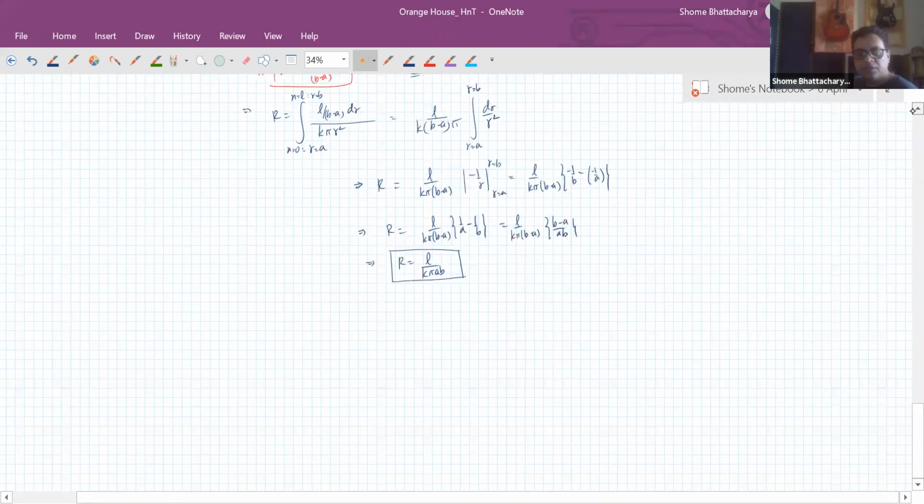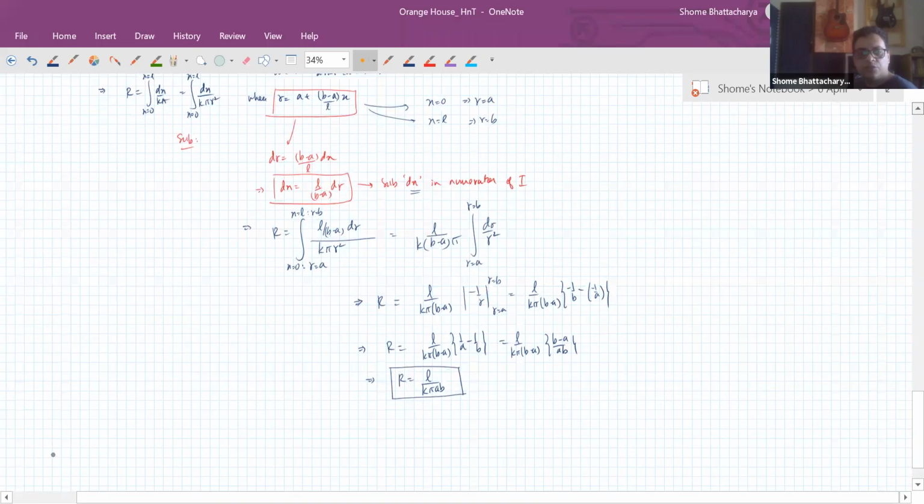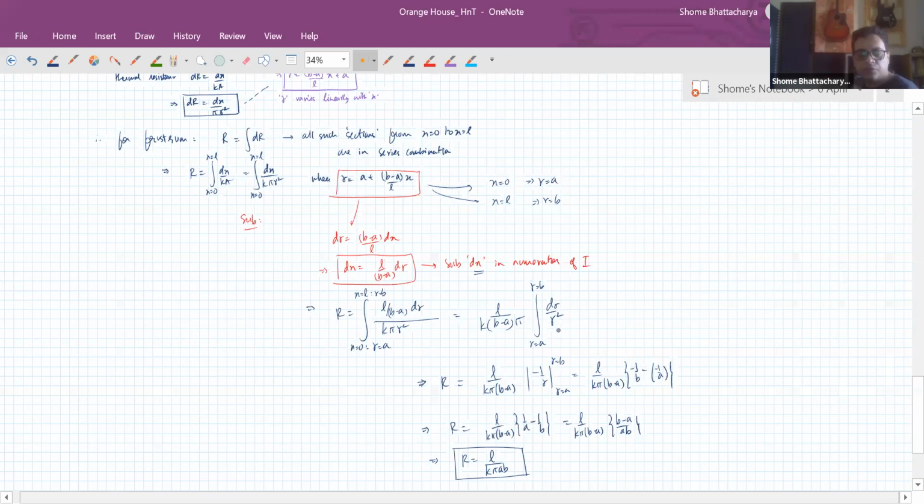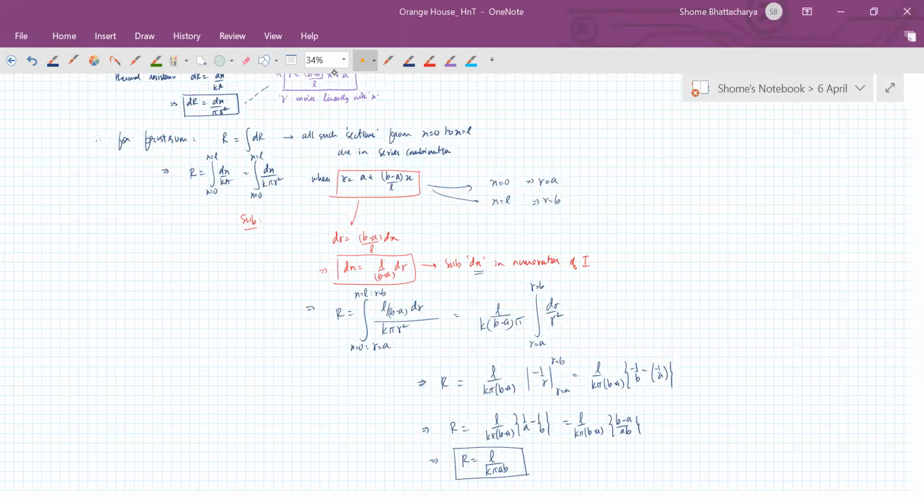Okay, so just make sure you understand the steps of the integration, the substitution in the integration, very carefully here, and then the application of definite integration with the substitution of limits also. And next up, we will substitute this value of equivalent thermal resistance directly in the problem to calculate the heat current or the rate of conduction delta Q by delta T.